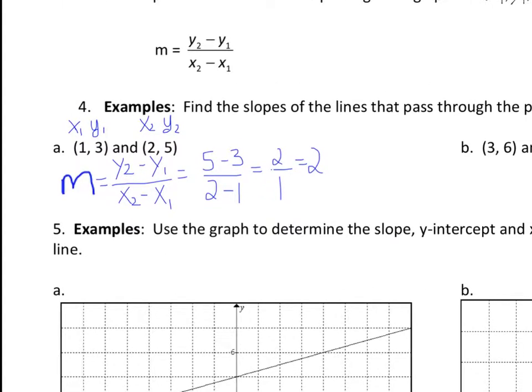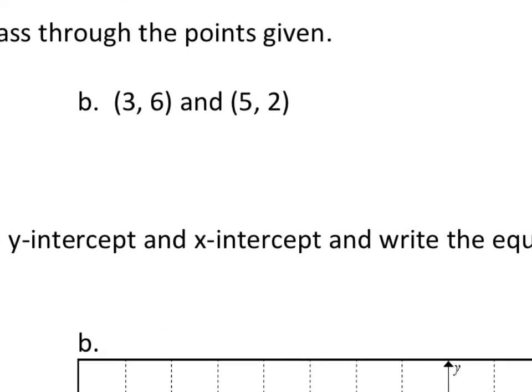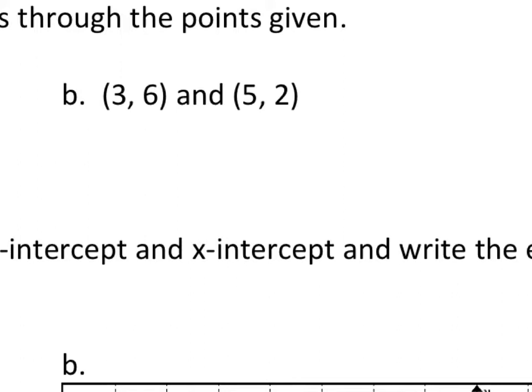We'll go over to example B and do the same procedure. I'm not going to put the whole formula out again, but I will label them x1, y1, x2, y2.